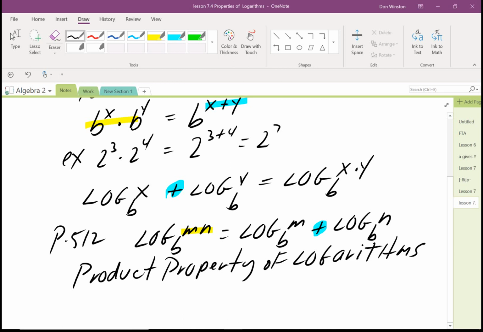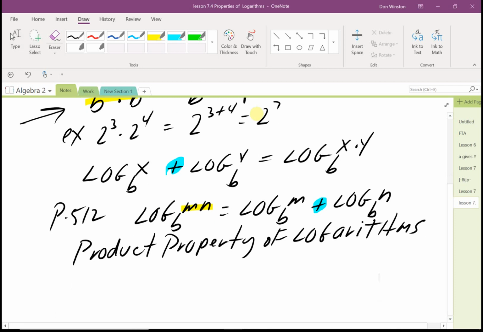Okay? Product involving multiplication but resulting in addition. Just like multiplying powers required us to add the exponents. Okay, so again, multiplication involves addition.